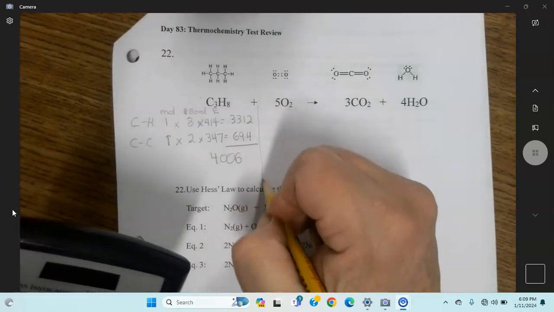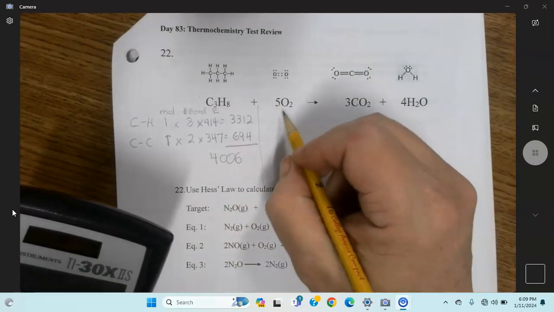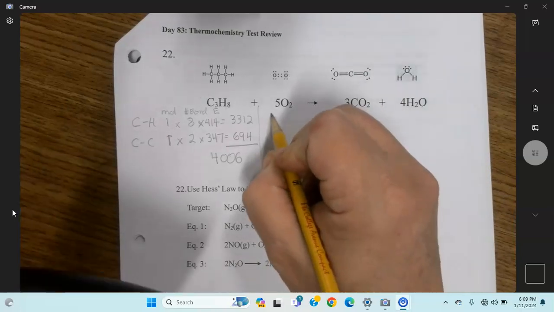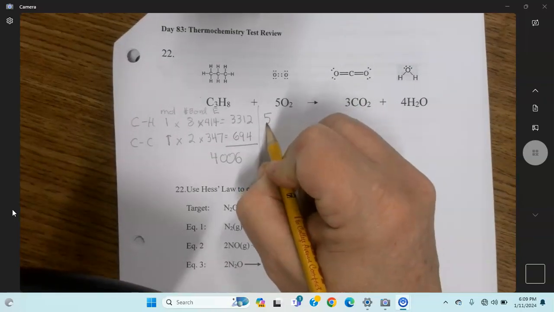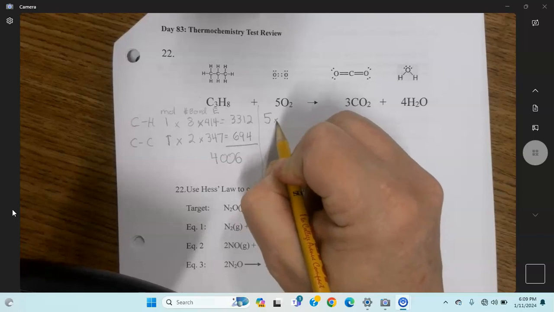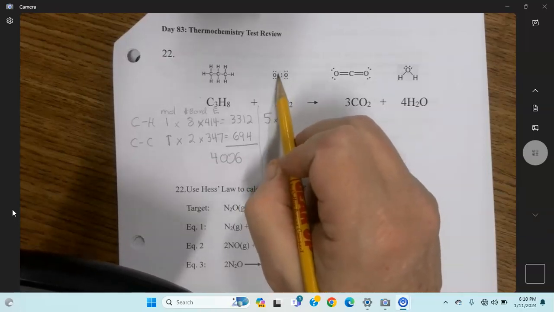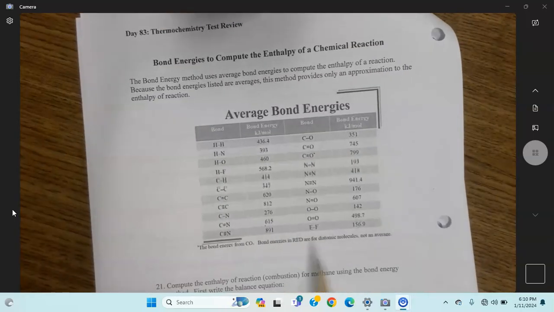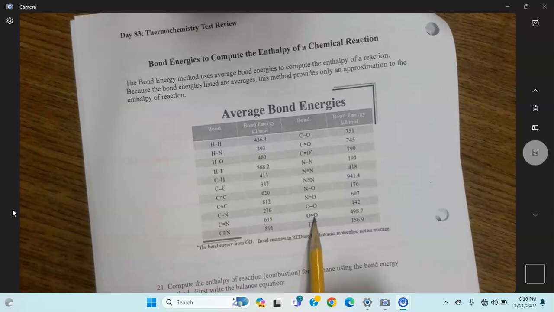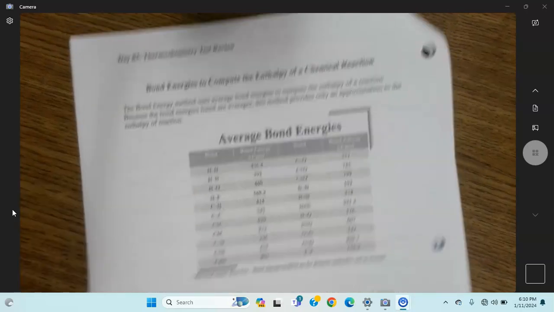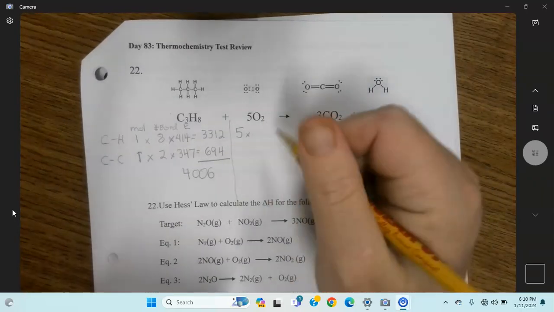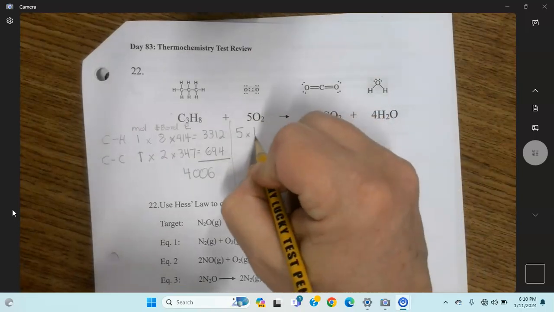Now we're going to go over, I'll draw a line here to keep this kind of separate. So you have 5 molecules of O2 times, and you have one O double bond. That's the only bond you have there. So we're going to come back here, and there we see an OO double bond right there. It's 498.7. So there's one of those, so I'll put that there.